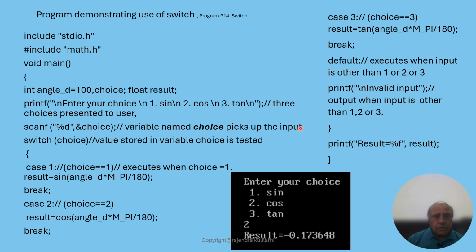Now, when I ran this program, I entered 2 as my choice. So case 2 got executed, and result is assigned the value of cosine of the angle, which is displayed on the screen as result is equal to minus 0.173648. This is the cos of 100.